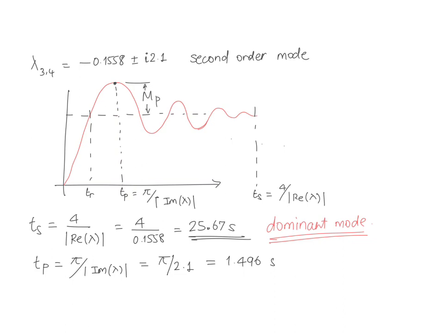So remember the blue and the red mode from the previous two slides, the first order modes, they died off before 1 second, whereas this mode is just about reaching its peak at 1.5 seconds almost over here. And it takes a very long time to settle down after that. So that's the peak time, and then we have the rise time and the maximum peak overshoot. So we'll calculate that next.